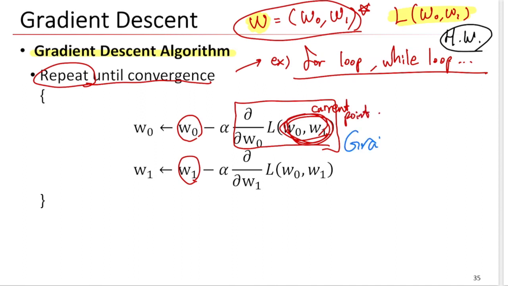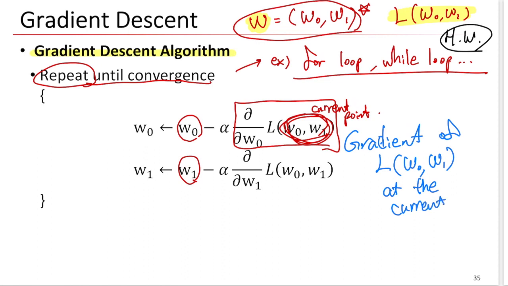This is the gradient of the loss L of W0 and W1 at the current point W0 and W1. Okay, this is the gradient.